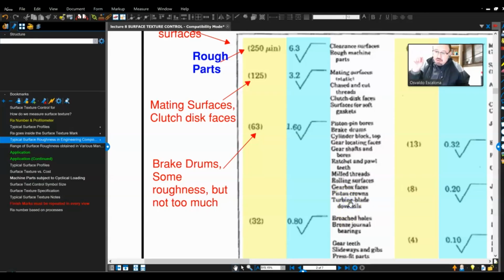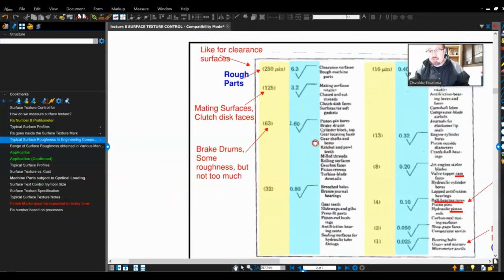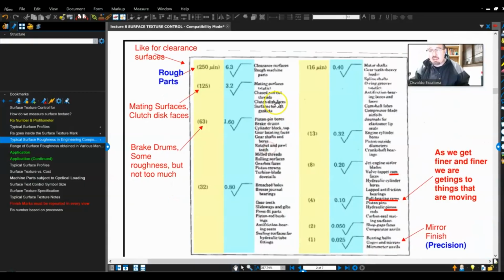So as you will notice, when you go from here, from just rough and static, as I'm going lower and lower, I'm getting into things that are going to start to move.